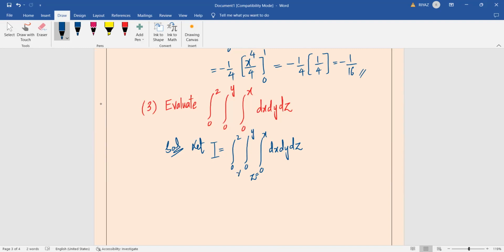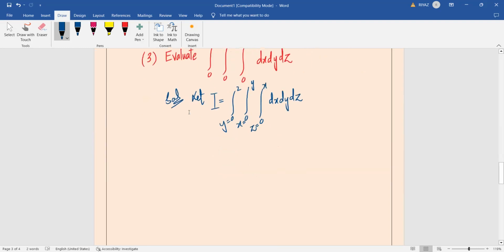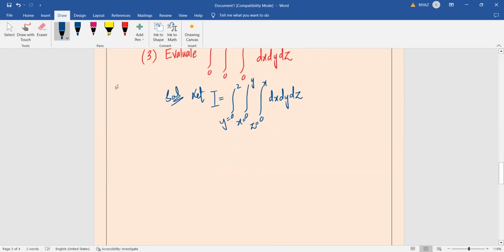So obviously this becomes the x limit, and that's the y limit. You can also assume this one is y, and then it becomes for z. There is no problem at all if you change the order. It is not compulsory that what I am doing you have to do in the same way.